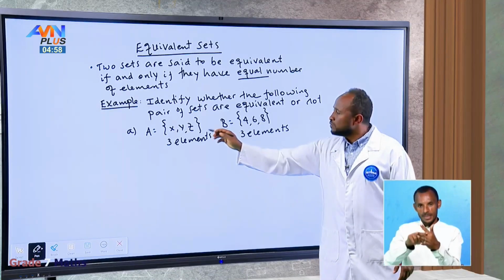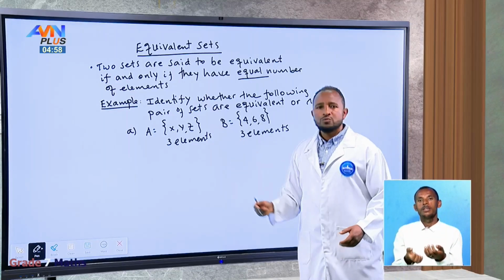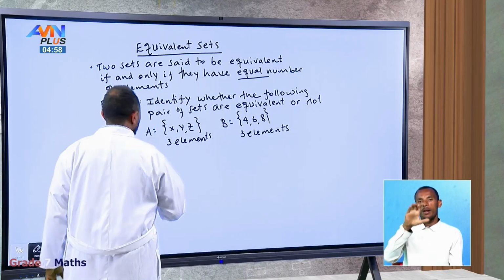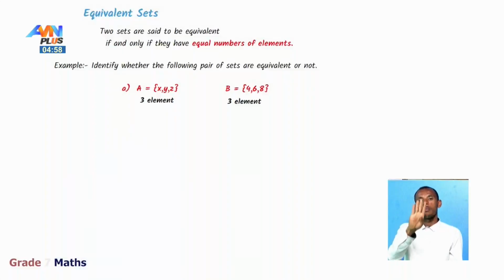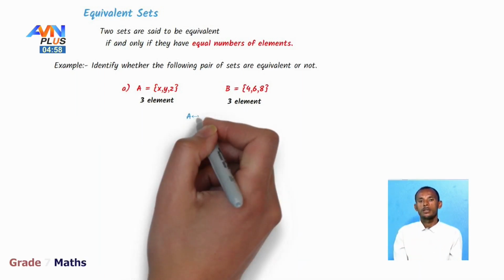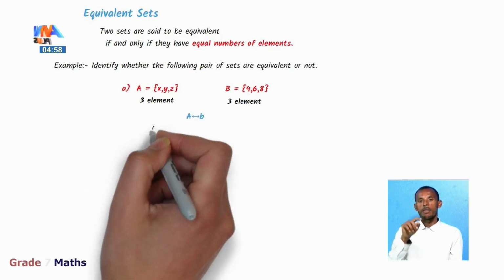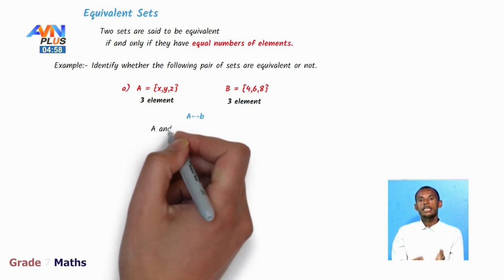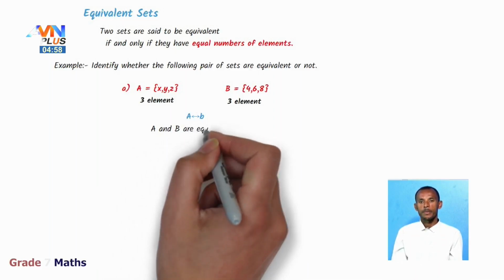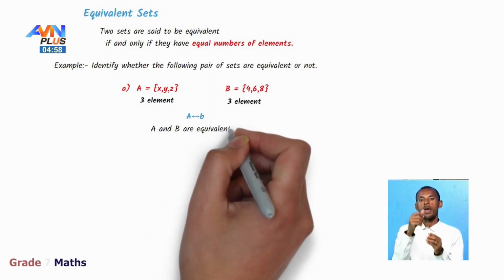Since these two sets have an equal number of elements, the two sets are said to be equivalent. Therefore, A and B are equivalent sets. Symbolically, we can write it in this form.